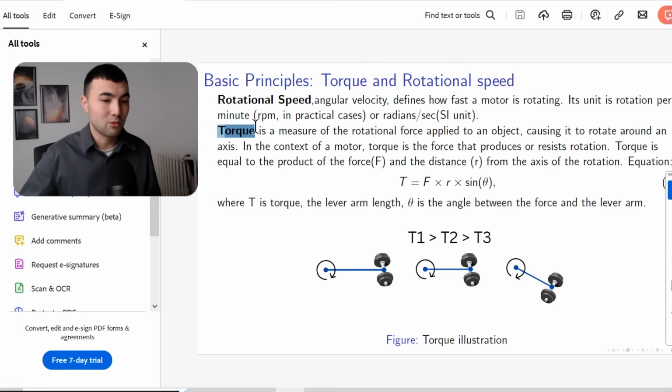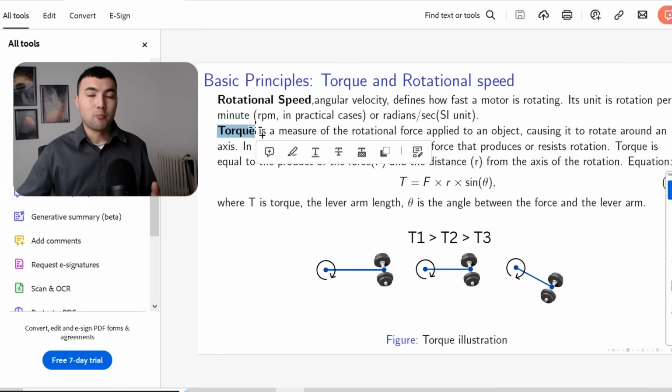So what is torque? Torque is basically the rotational force that a motor can generate, or something which is resisting the rotation. The quite obvious analogy to torque is force.